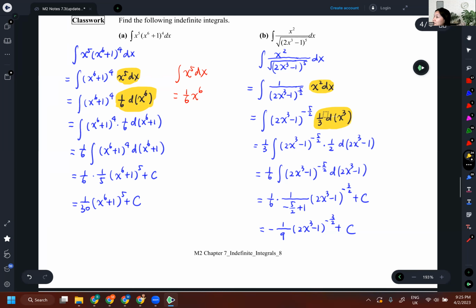And then you need to do more, because this one you still need a 2. So here I will multiply by 2 and divide by 2, you see? And then the -1 is just added. And then this is the end. I think it's negative, all right? Some of you got positive. It's negative 1 over 9, plus c.